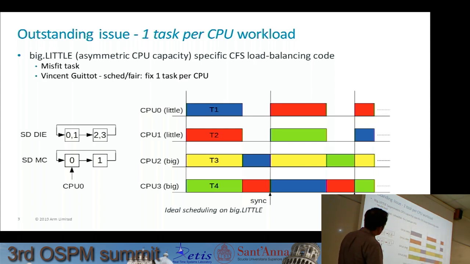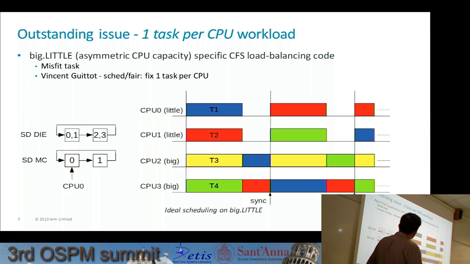This is a demonstration of big.LITTLE specific problems on wake-ups. This is the ideal scheduling on a big.LITTLE system. You see here we have two scheduling domains, 4 CPUs, 2 little and 2 big, and each CPU runs the same kind of task.